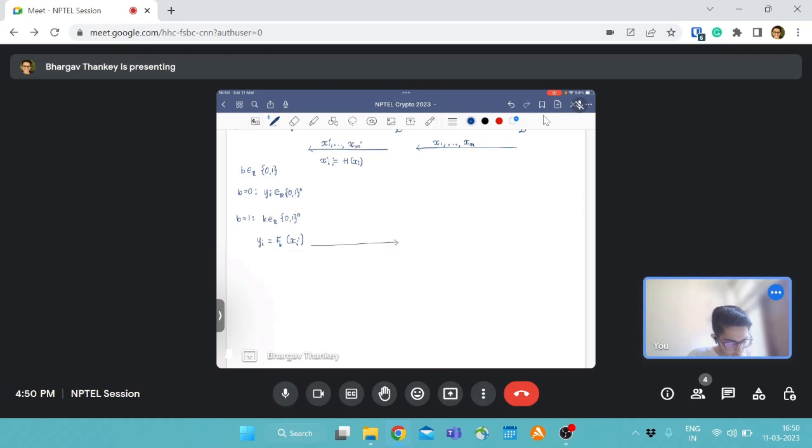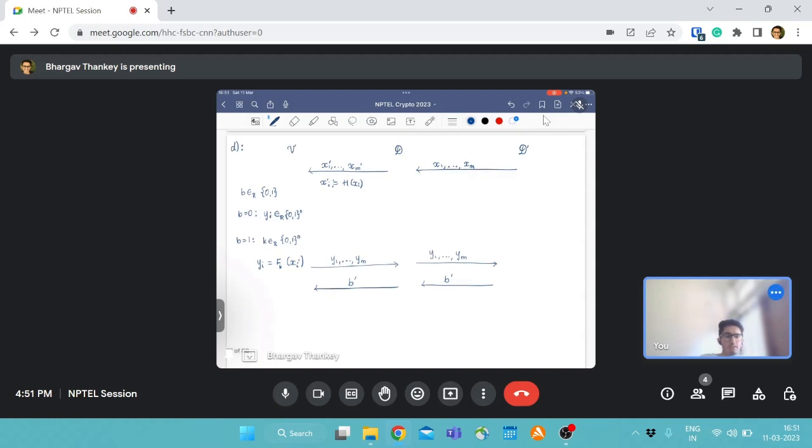It sends Y1 to Ym to D, D forwards Y1 to Ym to D prime, D prime replies with his guess B prime, and D forwards B prime. So all D does is forward a few things and compute a bunch of hash values, a single hash function on a bunch of values. So as long as D prime is PPT, D is clearly PPT. So D is efficient.